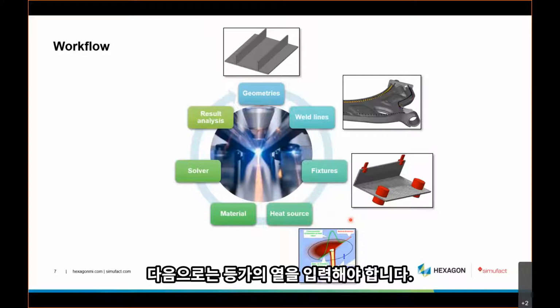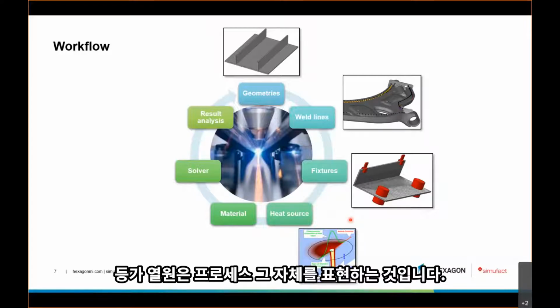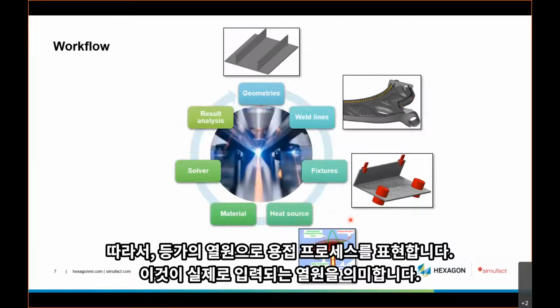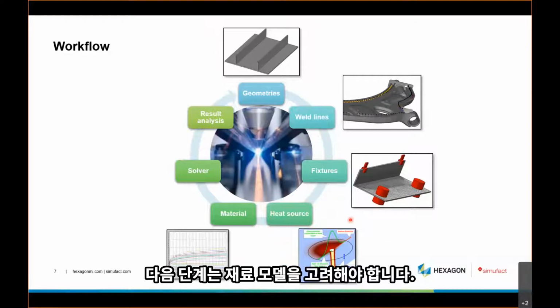Then you have to put in what is called equivalent heat sources, which are basically the representation of the process itself. As I said before, structural welding simulation is not really a process simulation. So the welding process itself is taken care of by using so-called equivalent heat sources, which basically represent the heat input. Then the next thing you have to consider is the material model.